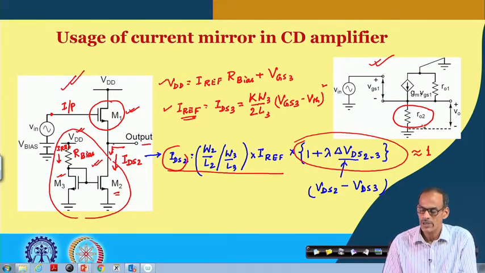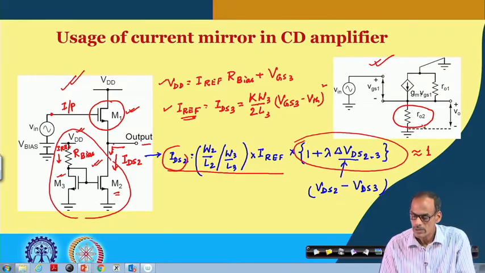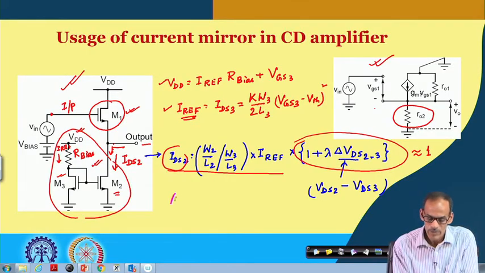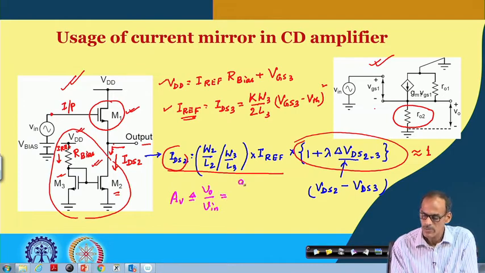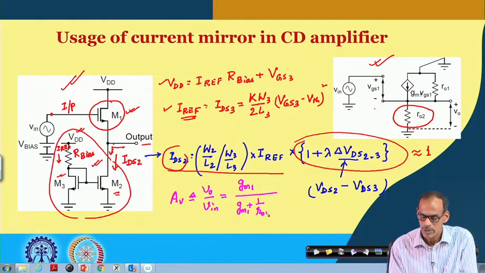We are denoting this by RO2, and then by analyzing this circuit, we can get the voltage gain, which is defined as VO divided by V in. That is equal to GM1 divided by GM1 plus 1 by RO1 plus 1 by RO2. This we already have derived before.